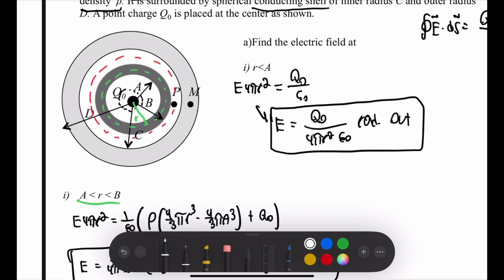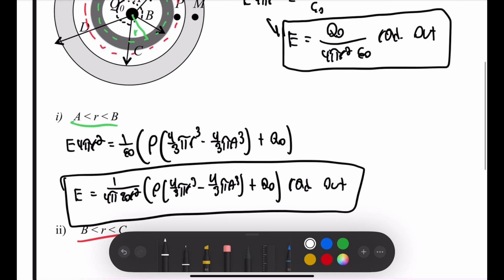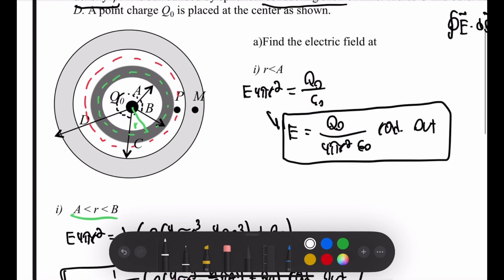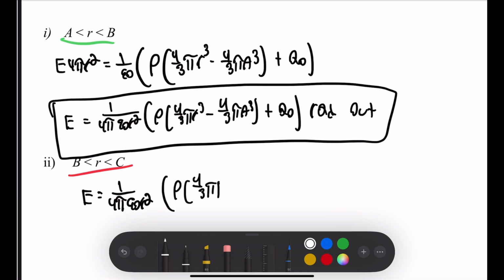So in this case, we are going to cover the entire insulating shell. So it's basically going to be the same thing that we got for this part, but instead of 4/3 pi r cubed, it's going to be the actual max radius of that insulator, which is going to be B. So then E is 1/4 pi epsilon naught r squared of rho 4/3 pi b cubed minus 4/3 pi a cubed plus q naught radially out.